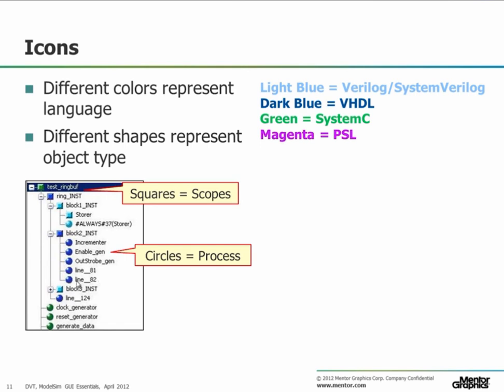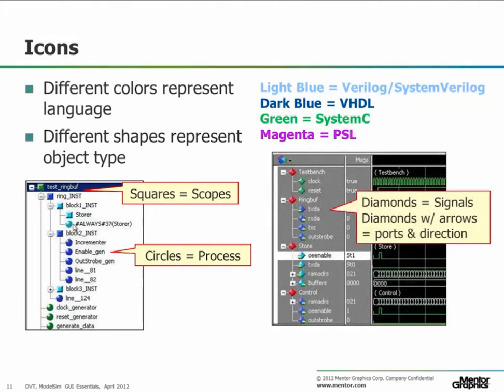These circles are processes or always blocks or whatever within the code. So these dark blue circles are VHDL processes. The light blue circle is a Verilog always block. Over in the wave window, if they are diamonds, they are going to be signals of some kind.